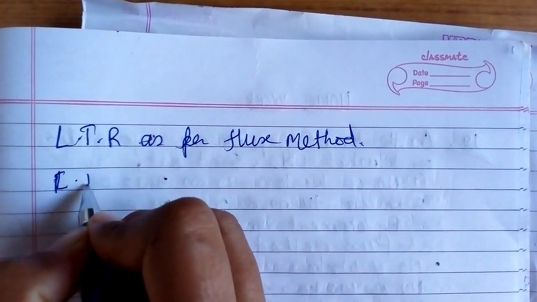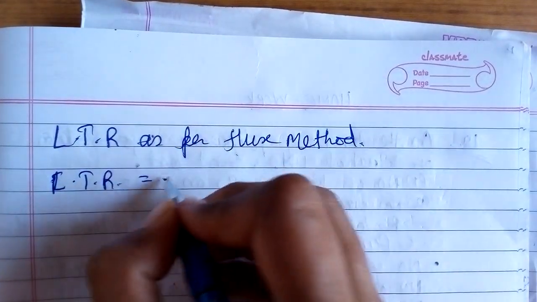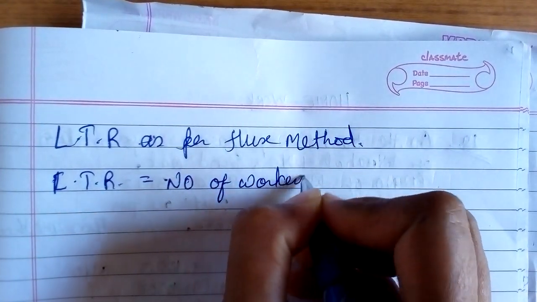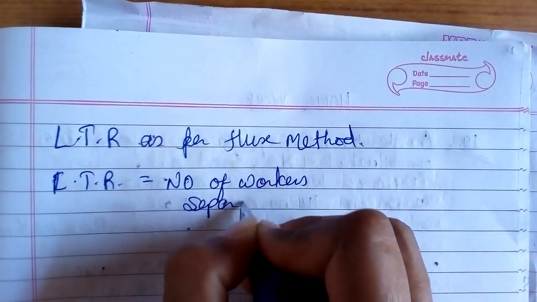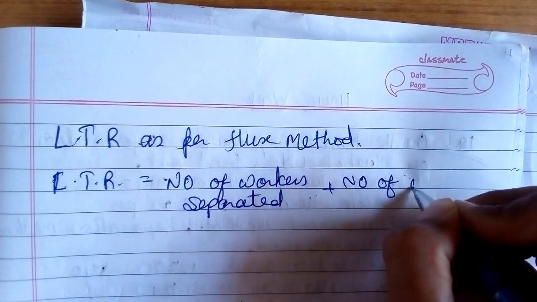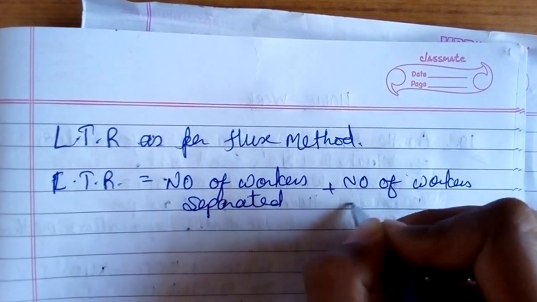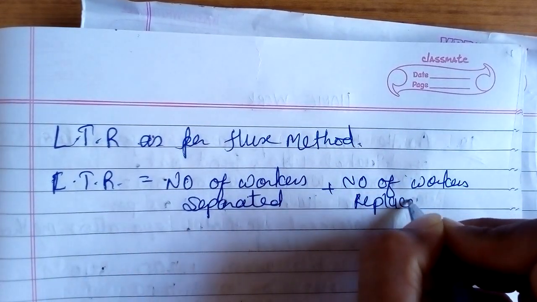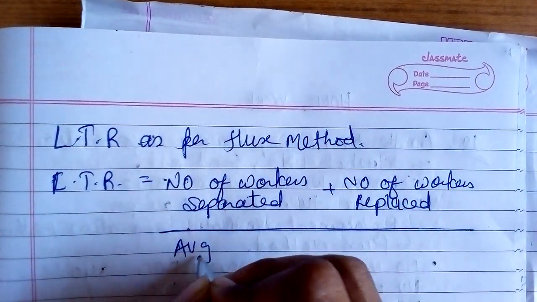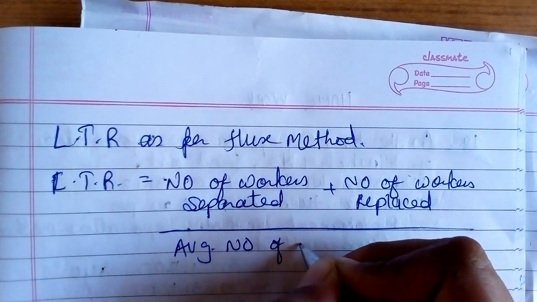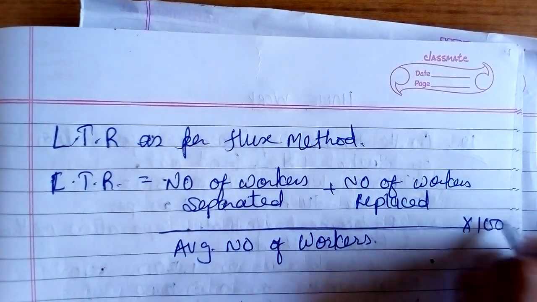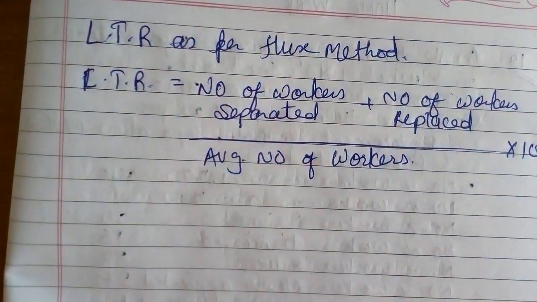So LTR equals number of workers separated plus number of workers replaced divided by average number of workers into 100, right? This is the formula.